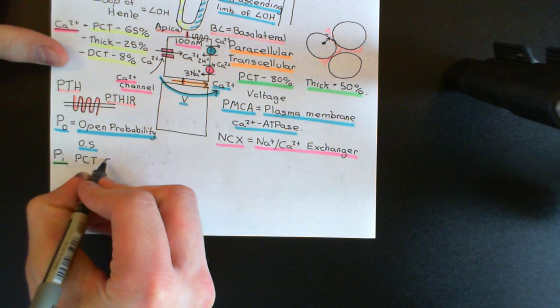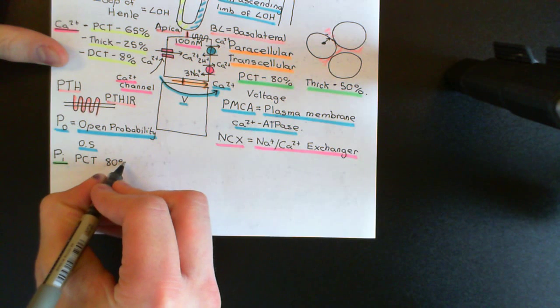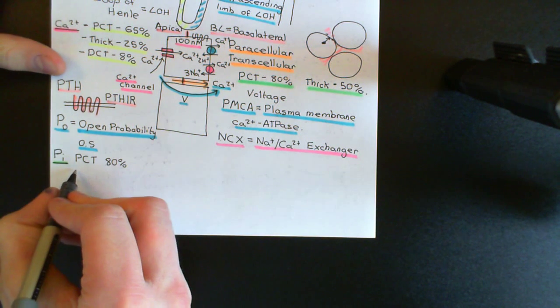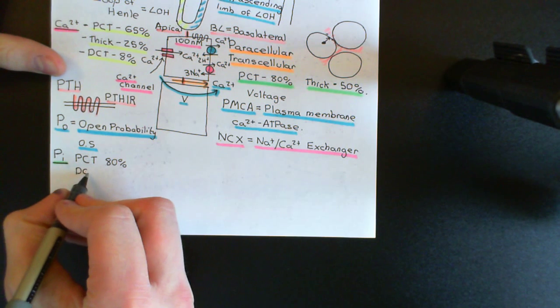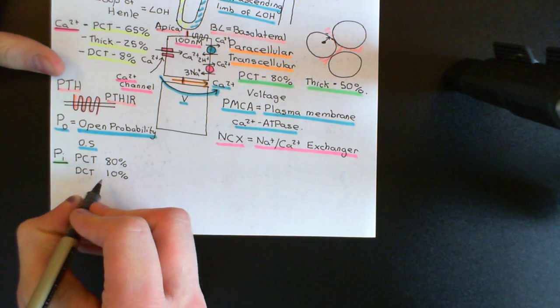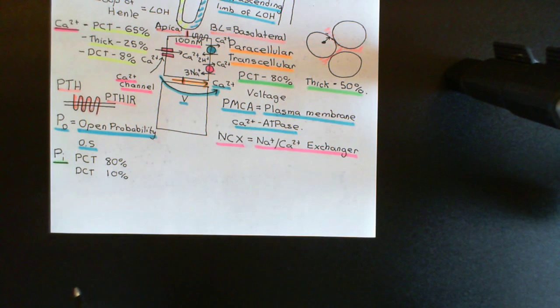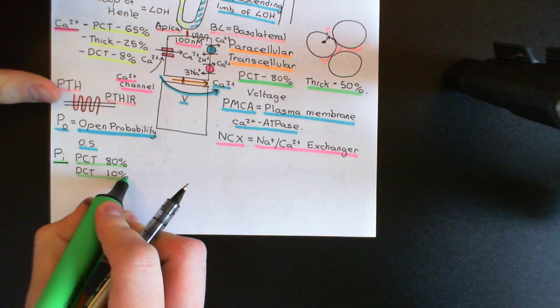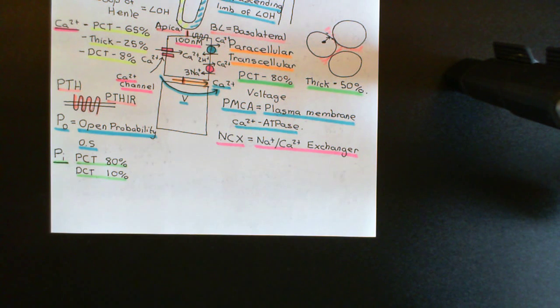The proximal convoluted tubule is going to resorb 80% of the phosphate ions that are filtered into the glomerular filtrate, and the distal convoluted tubule is then going to resorb a further 10%, making it up to a total of 90% of the phosphate ions that are filtered into the glomerular filtrate being resorbed. The other 10% is then going to be excreted into the urine.